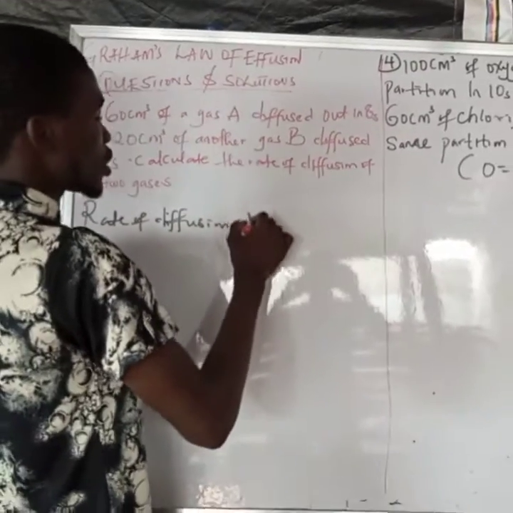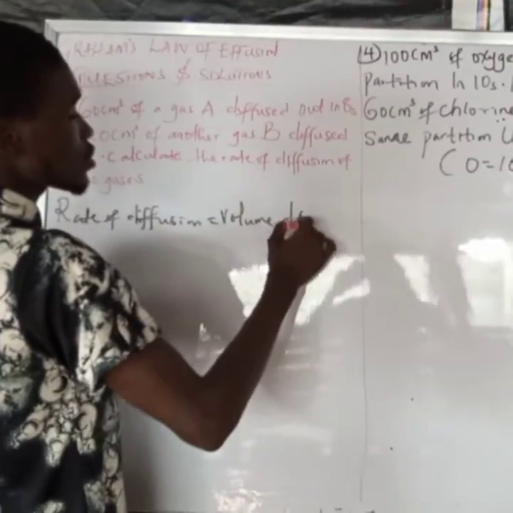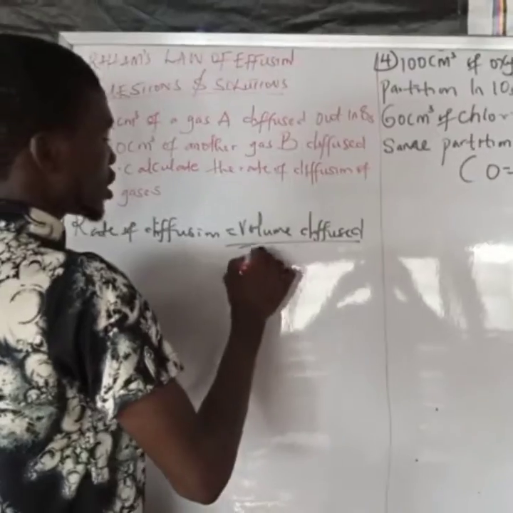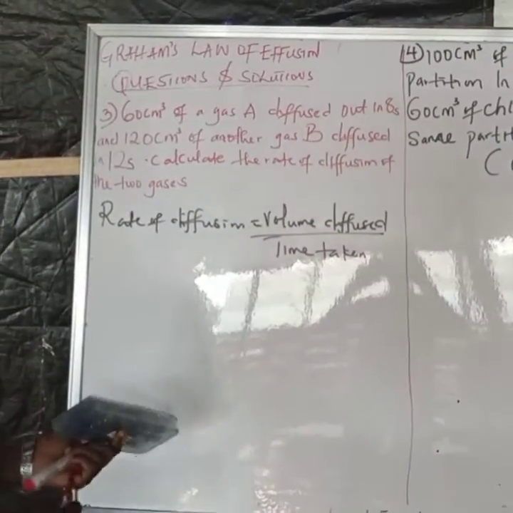is equal to volume diffused divided by time taken. And from the question we have two gases.